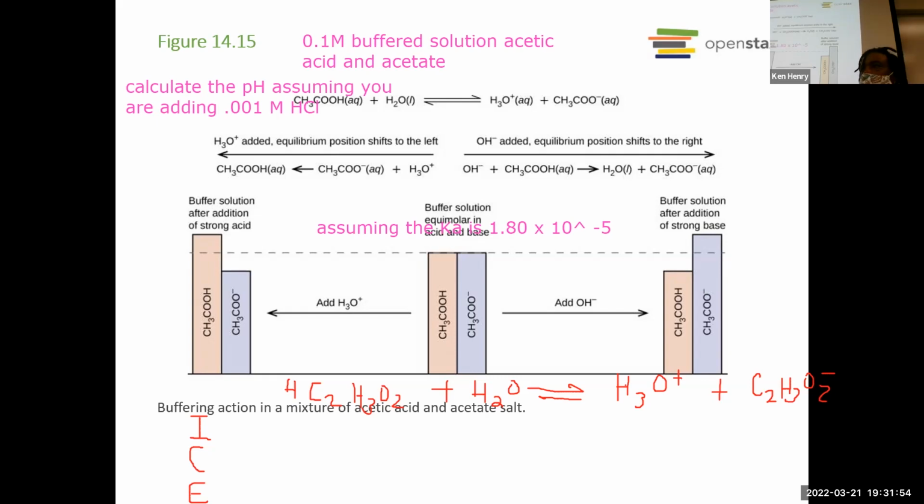If I have my ICE table, what is my initial? 0.1 molar. And then over here, 0.001. Is there anything else? I'm going to put 0 here. Are you sure? Because I have a 0.1 molar buffer solution of acetic acid and acetate.